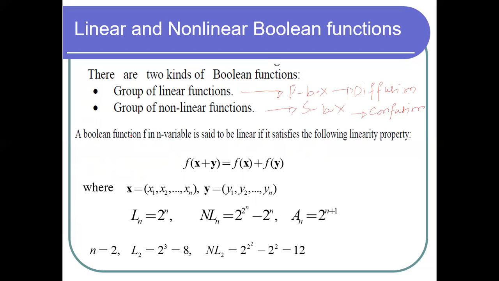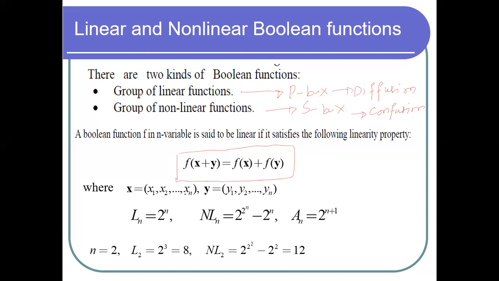Currently I am focusing on how to classify whether a Boolean function is linear or nonlinear. Any Boolean function with n variables is said to be linear if it satisfies the property of linearity, and this is the property of linearity.